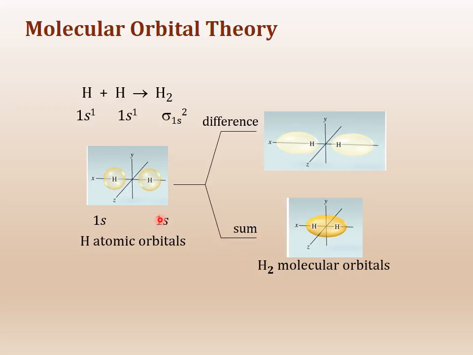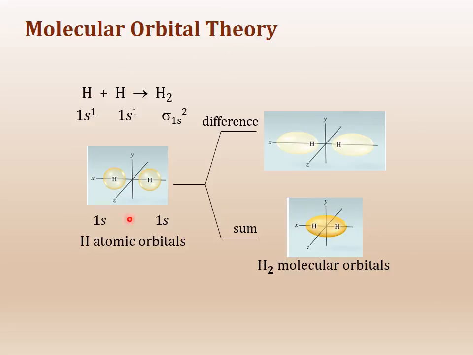Remember, in each 1s there's only one electron, which means this hydrogen brings one electron and this hydrogen also brings one electron. When they combine, each orbital can have up to two electrons. So the two electrons that you find in hydrogen are found in the lower bonding orbital. The higher one, which is called the anti-bonding, is empty, because it's too much higher in energy. So the lower energy one is usually the occupied one.